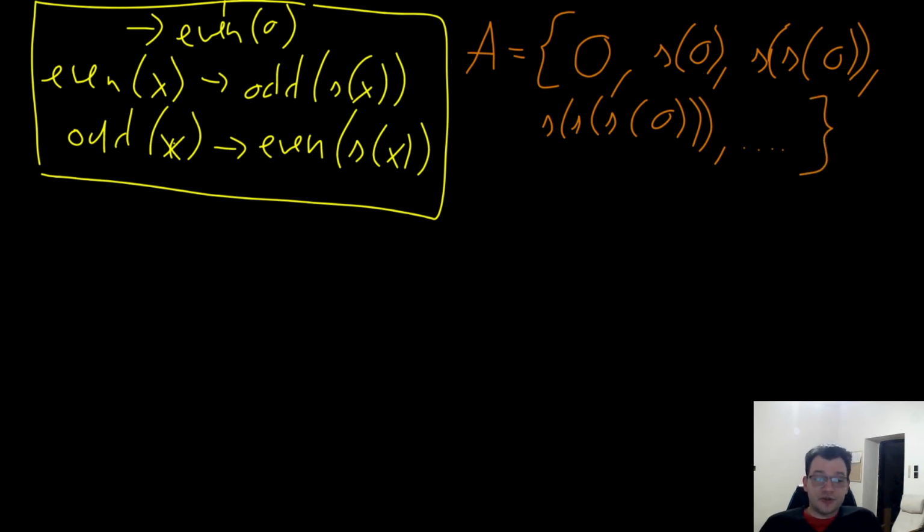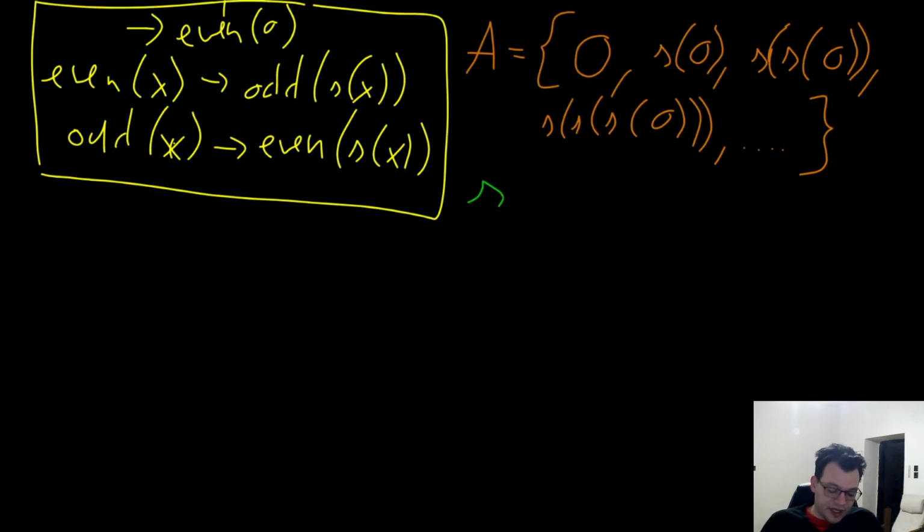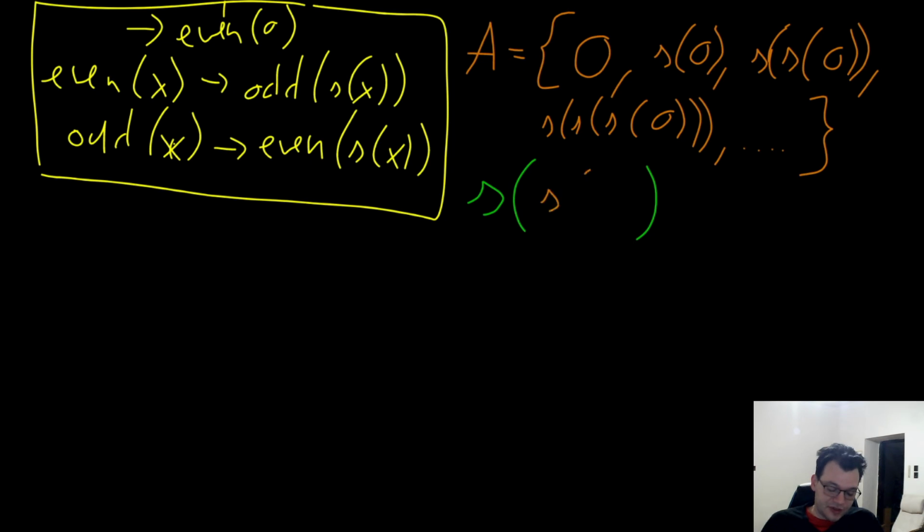So that's why the ground terms are important, because in a Herbrand model the ground terms will be the objects themselves. And of course, what's the meaning of the function symbols? Well, if you apply the function s to the object s of 0, then it should be s of s of 0.